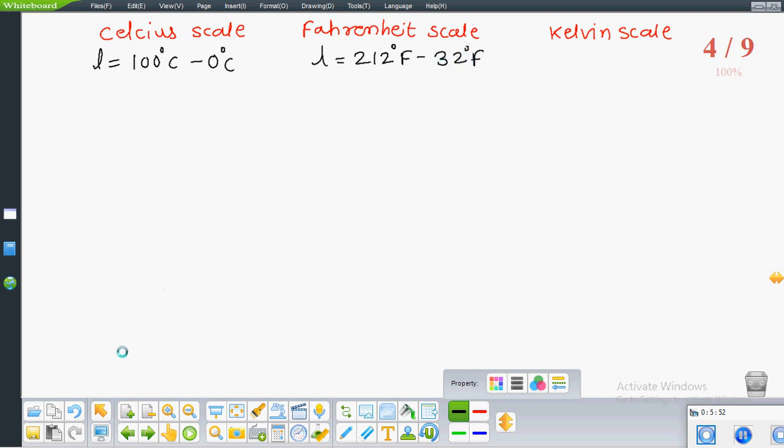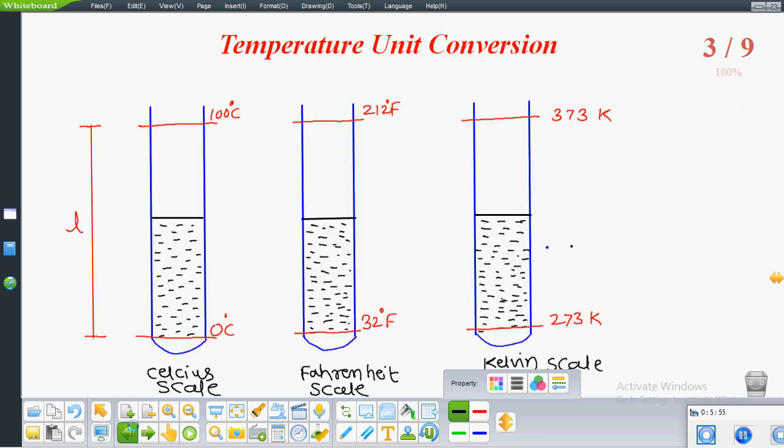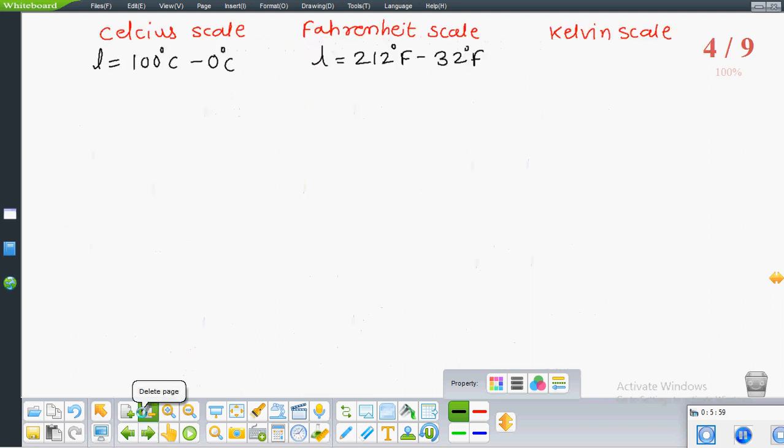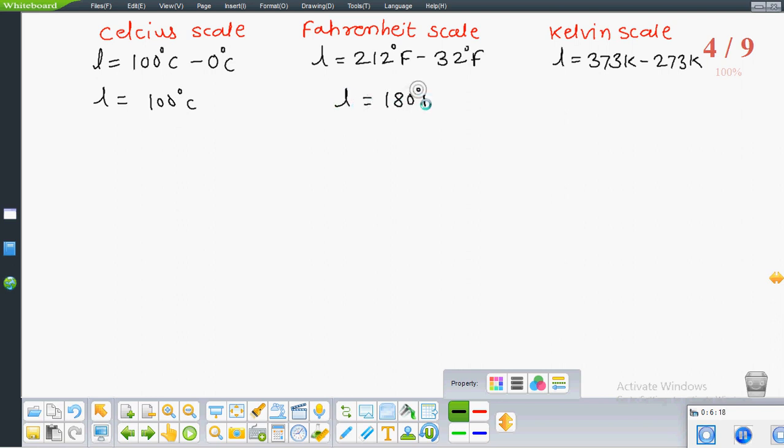Similarly, for the Kelvin scale, it will be 373 Kelvin minus 273 Kelvin. So from this, L equal to 100 degrees centigrade, L equal to 180 degrees Fahrenheit, and on the Kelvin scale 100 Kelvin, right?